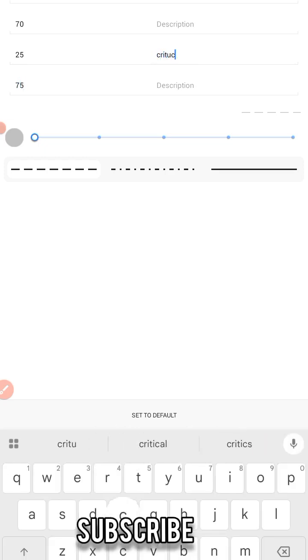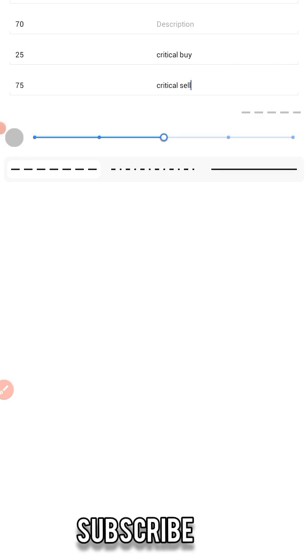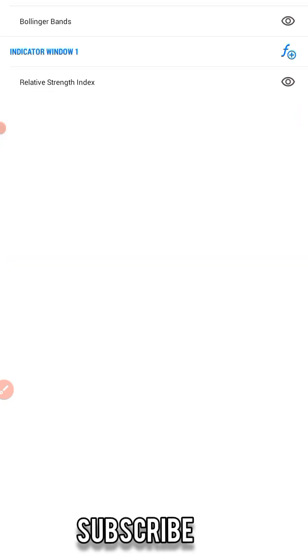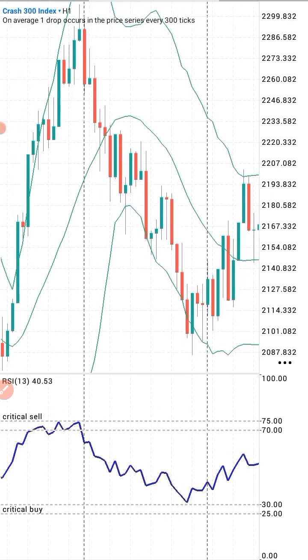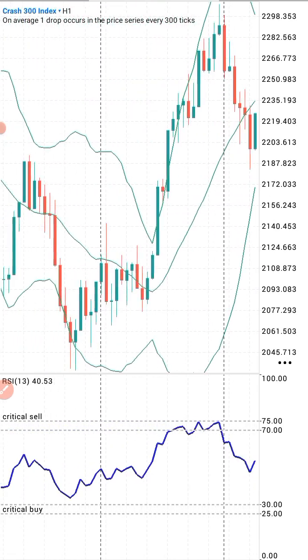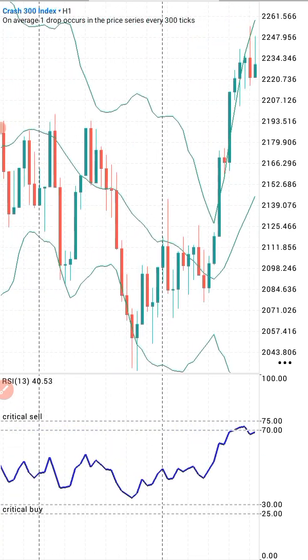Now critical buy and critical sell. It means that price might not reach the critical area, but when it reaches the critical area, it's a no-go zone.